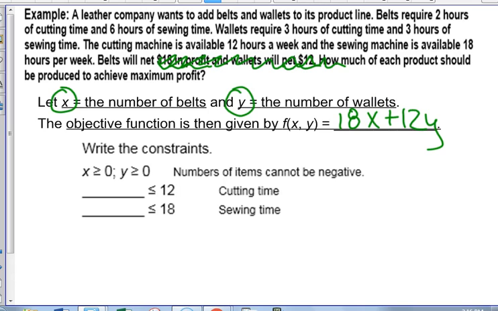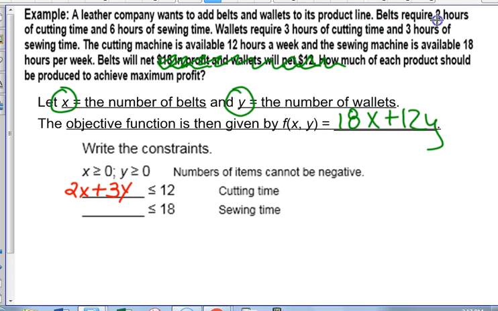Now, the 2 constraints I have are the cutting machine is only available 12 hours, right? What do we need to do? You would need to make all of your belts and wallets in less than that. And every time I make a belt, how much cutting time do I need? 2. So I would write 2 times. 3, why is it 3? 3 hours to cut.